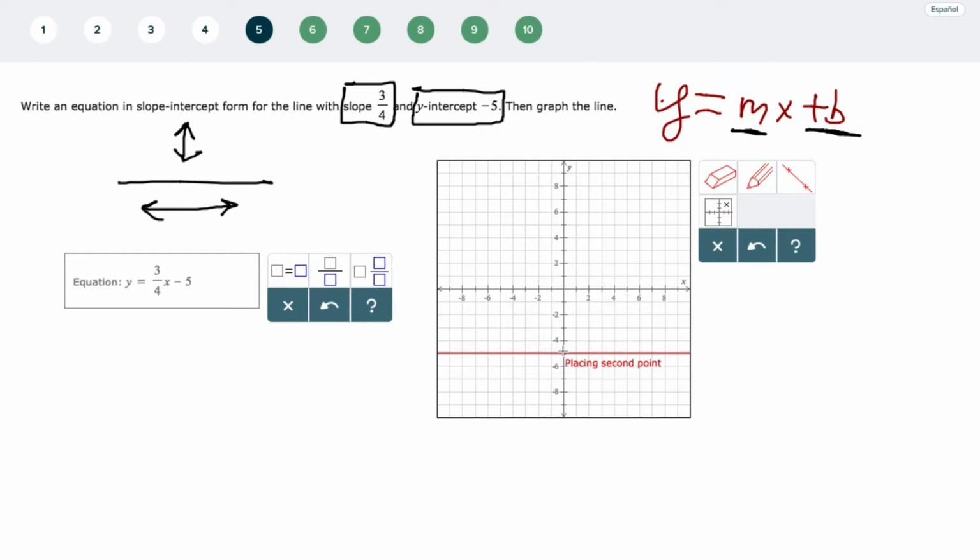So our starting point is always our y-intercept, and then we go up 3, 1, 2, 3, and then over 4, 1, 2, 3, 4. I missed it. Up 1, 2, 3, over 1, 2, 3, 4. And there's our line. And that's all we have to do to graph that.